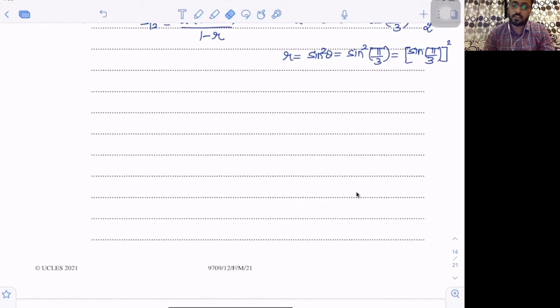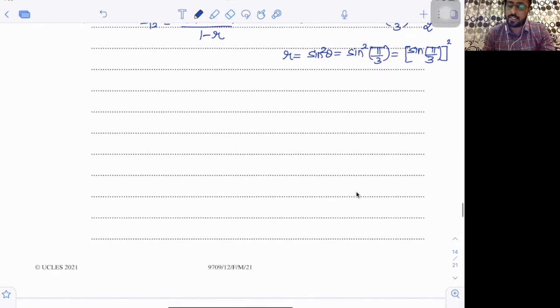So that's root 3 upon 2 the whole square. Root 3 upon 2 the whole square would come out to be 3 upon 4. That's 3 upon 4. Right, students?